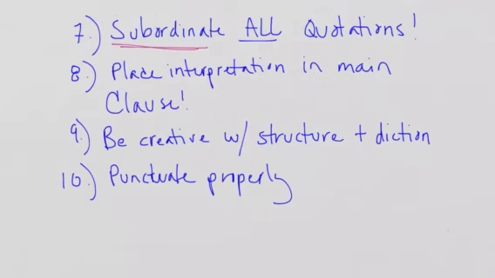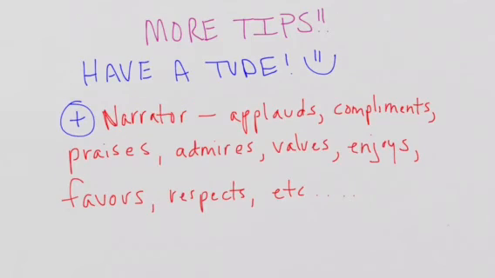Subordinate all quotations. That means make sure your quotation is in the dependent part of the sentence. Place your interpretation in the main clause. Be creative. Attempt parallelism. Use a subordinate conjunction maybe for your first interpretive sentence, and for your second one, use a participle. And of course, make sure you punctuate properly.